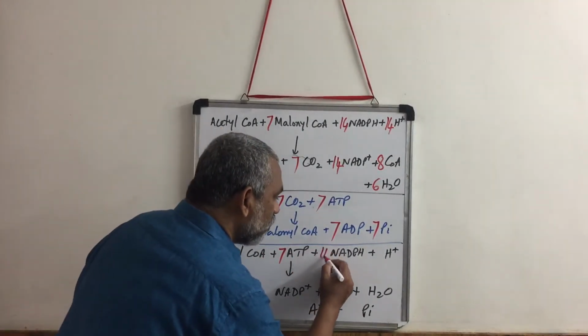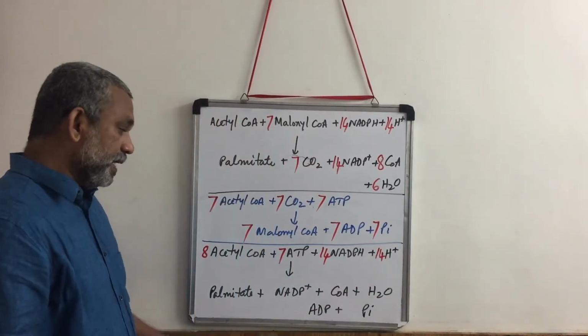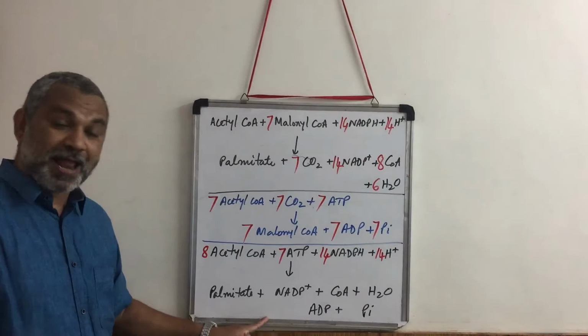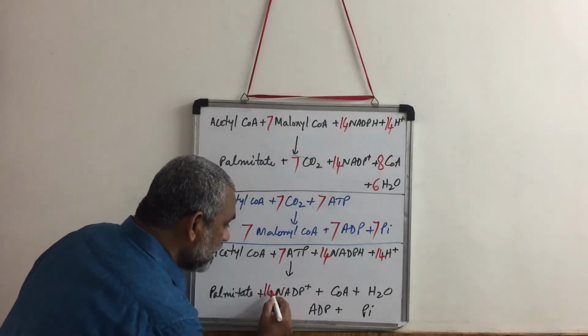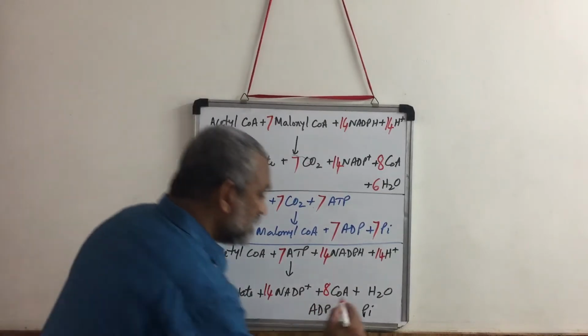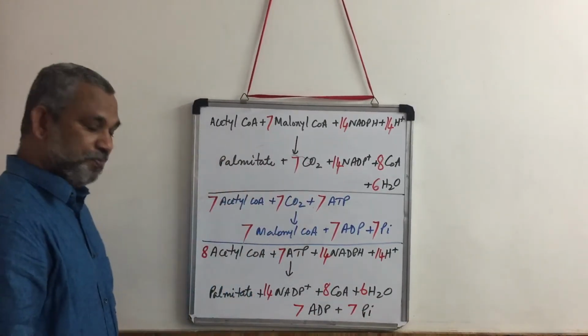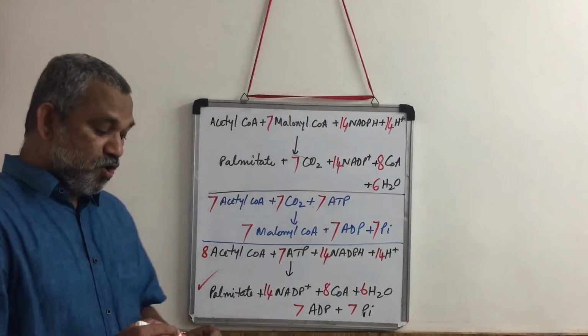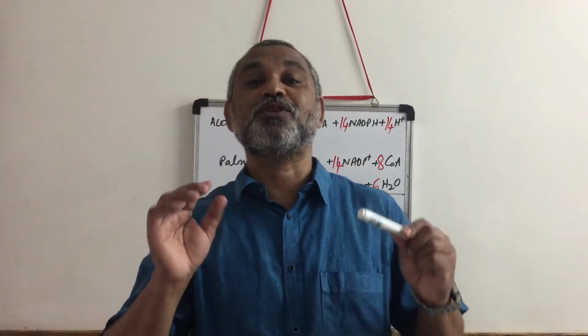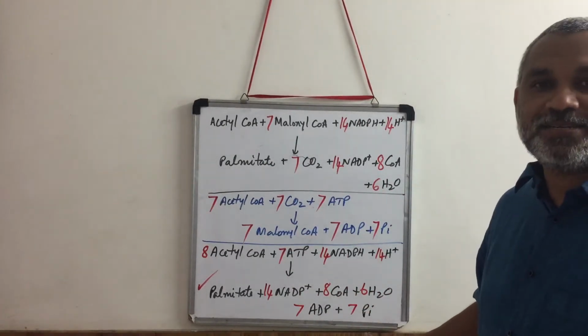This is going to be 14 NADPH and 14 H plus ions. That will result in 1 palmitate, 14 NADP plus, 8 coenzyme A, 6 molecules of water, 7 ADP and 7 Pi. So this is the overall stoichiometry for the synthesis of fatty acid, for palmitic acid.